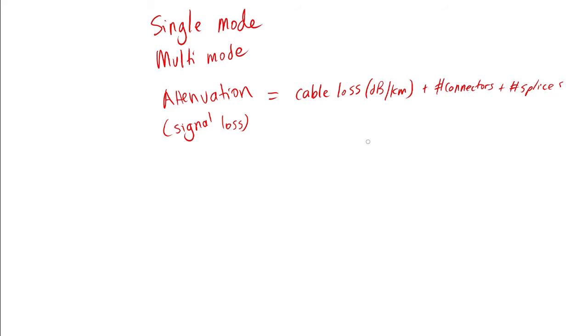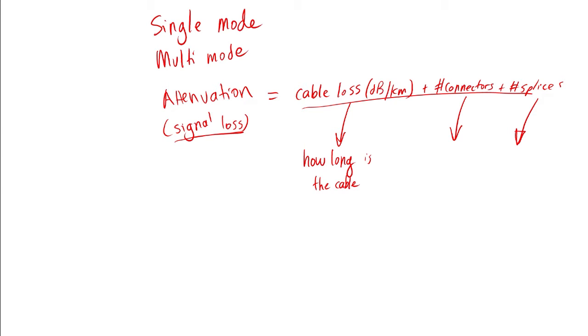So when you've designed the system, you know how long is the cable, how many connectors you have, and how many splices you have. And then based on that, you get a total loss.